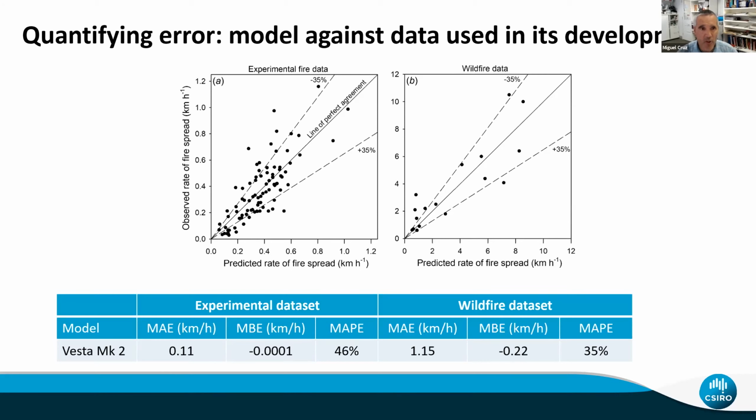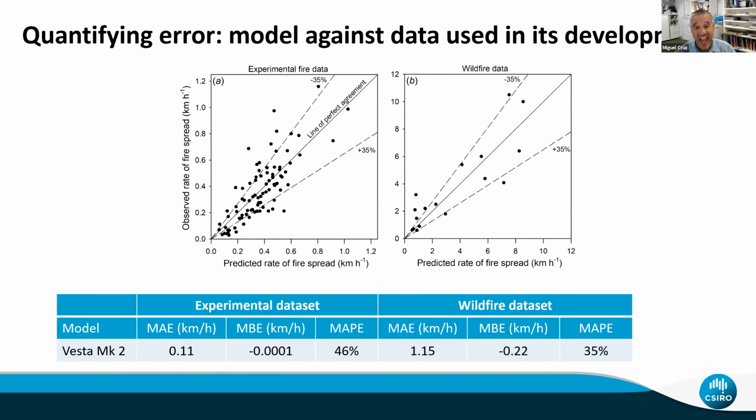It's quite a normal result when you are evaluating models against the data used in model development. But when you go to wildfire data, the mean absolute error is again a tenfold increase, at 1.15 kilometers per hour. That just has to do with the range of the observations we are using.